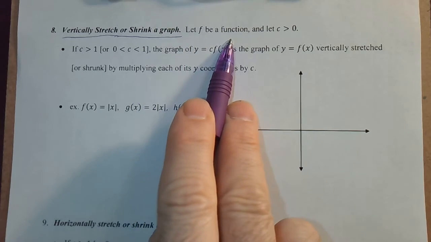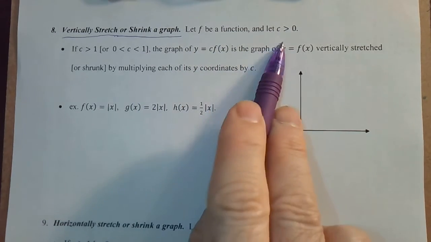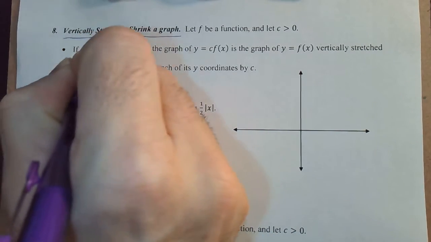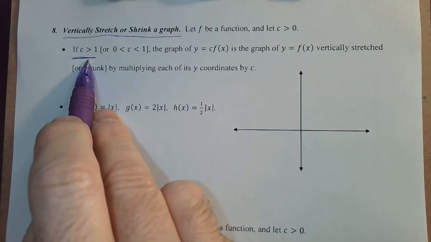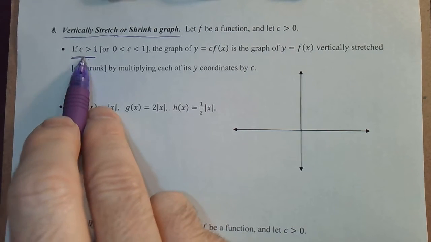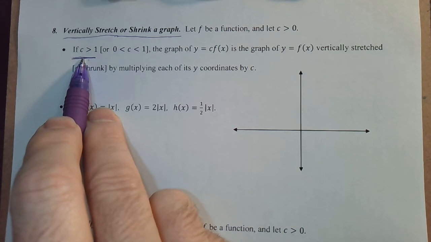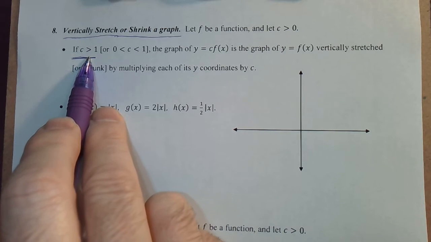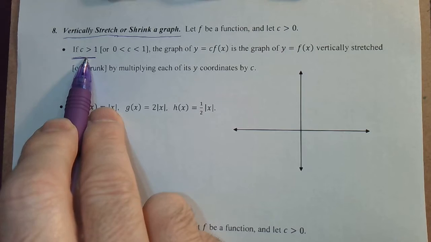Okay, so let's take f as a function and let c be a positive number. Let's just worry about this first case first. If c is bigger than 1, if you multiply a number by c, it's going to make it a bigger number, bigger in magnitude at least, because it could be a negative number.